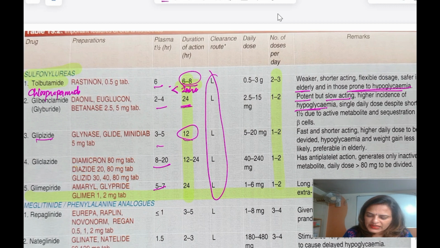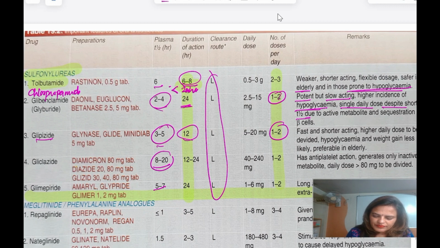So hypoglycemia, then we give a single daily dose. Though the half-life is short, the duration of action is longer, so though the half-life is less, we give a single dose.